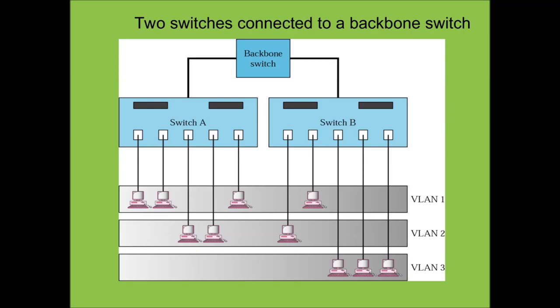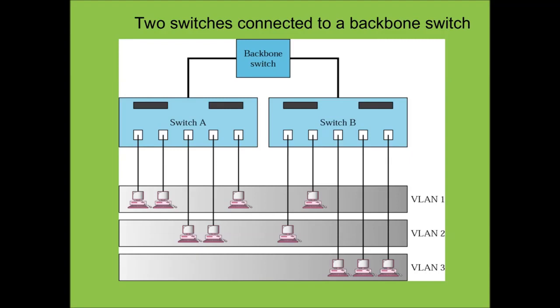Two switches connected to a backbone switch. This is another concept of connecting VLANs to switches, and two switches to another switch. This is the previous diagram, but enhancing the concept of two switches connecting to a backbone switch. You can see VLAN 1, VLAN 2 and VLAN 3.